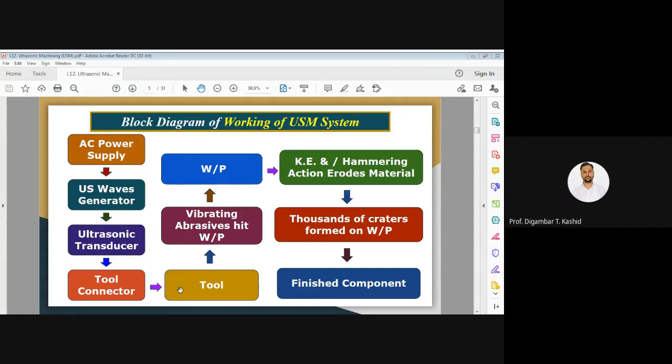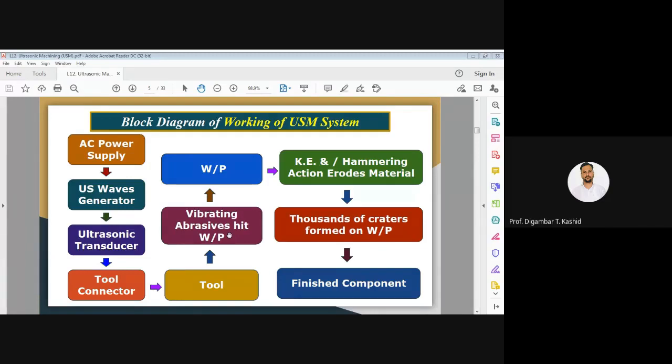It vibrates at ultrasonic frequency, that means with high frequency, and between your vibrating tool and your workpiece there is a slurry, which consists of liquid as well as abrasive particles. That liquid may be water.